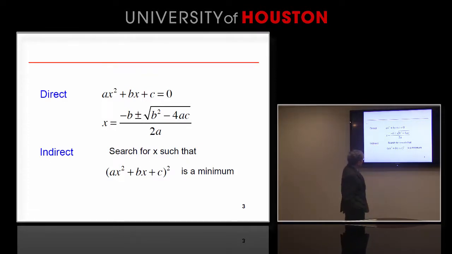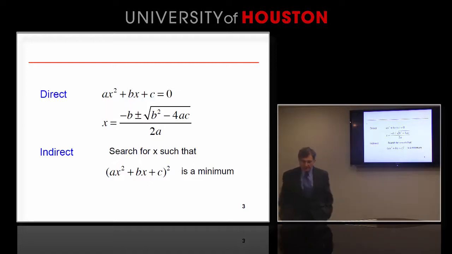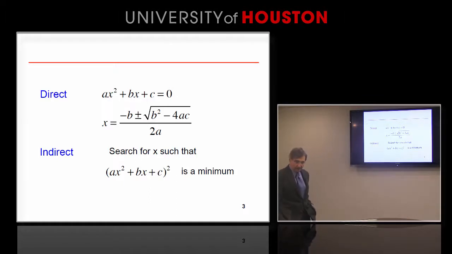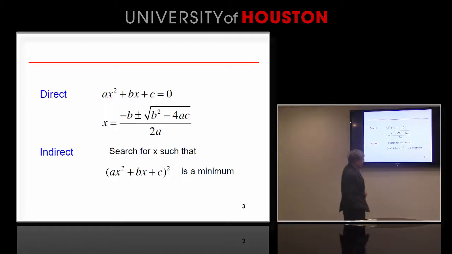An indirect method would be to take the quantity ax squared plus bx plus c, squared, and seek a minimum. You might not even know that among the possibilities are values of x which are complex, imaginary, sometimes real, sometimes repeated. All of that, what I just said, is missing here. In the direct solution, it's there. That's what direct is.